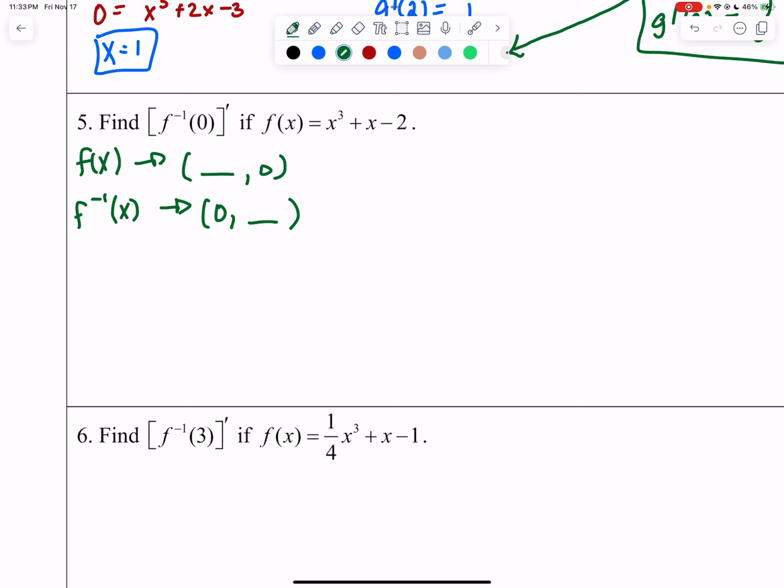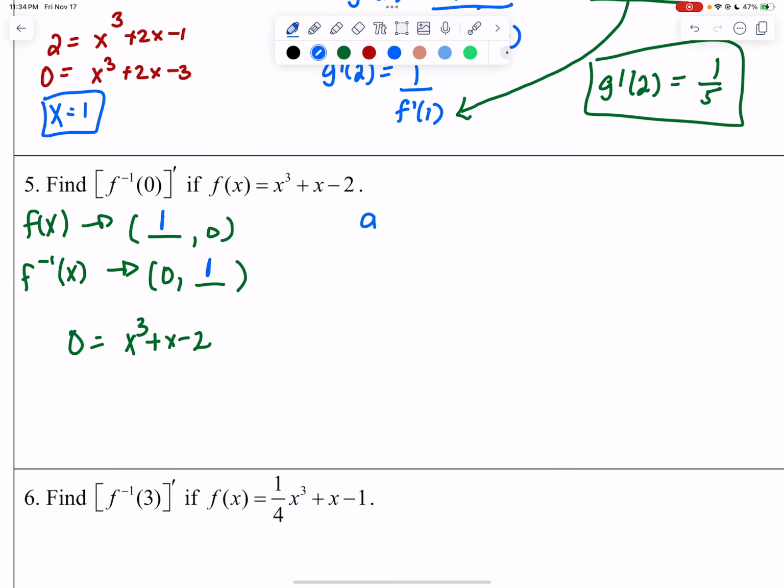All right, so this is going to be 0 is equal to x cubed plus x minus 2. Once again, I can't factor this, so using my rational root theorem, the only possible solutions would be 1 or 2. In this case, if you did 1, then congrats, because this is 1 cubed plus 1. 1 plus 1 is 2. 2 minus 2 is 0. So you get 1.